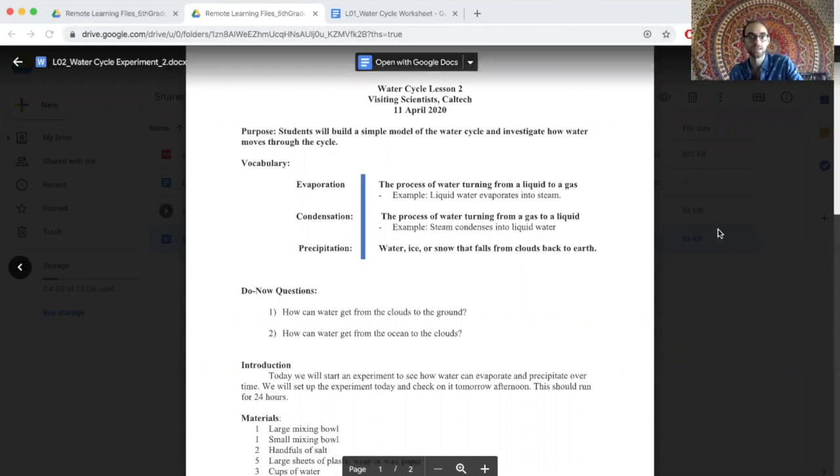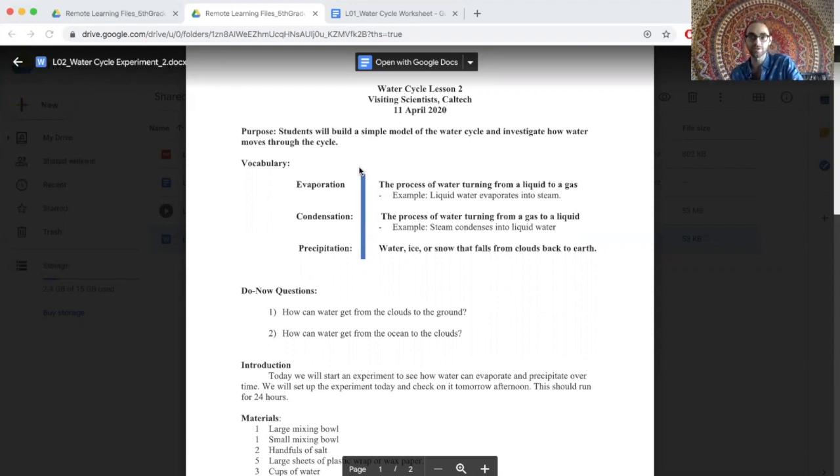So first, let's look over our vocabulary. A lot of these terms were introduced with Keith's water cycle game, and they're very important. So we need to remember that evaporation is the process of water turning from a liquid to a gas. For example, evaporation occurs when liquid water turns into steam when you boil a pot of water. Condensation is the process of water turning from a gas to a liquid, so it's the opposite.